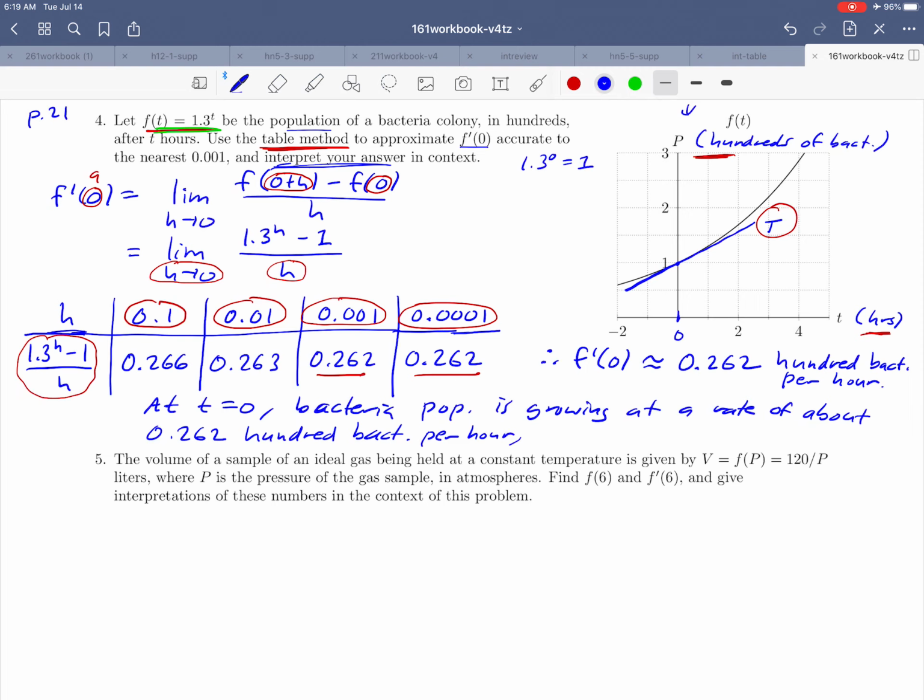Or we could move the decimal point over and say that that's equivalent to 26.2 bacteria per hour. Either way, 0.262 is the same as 26.2. All right, and I think we have finished the problem.